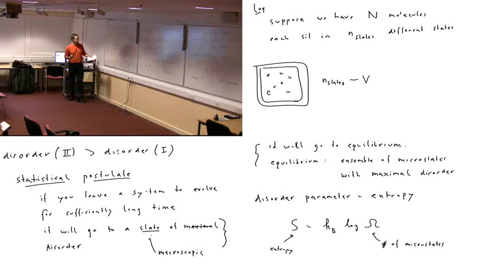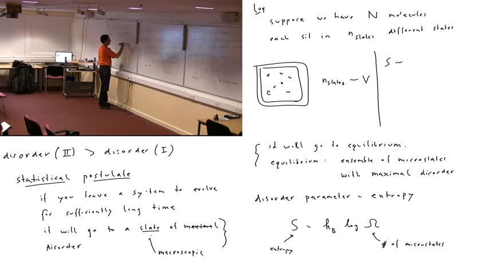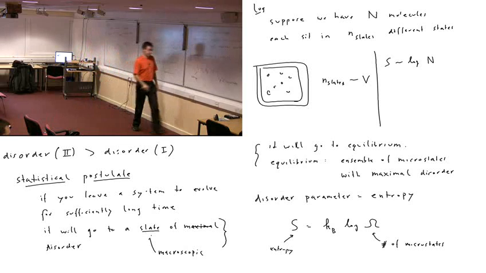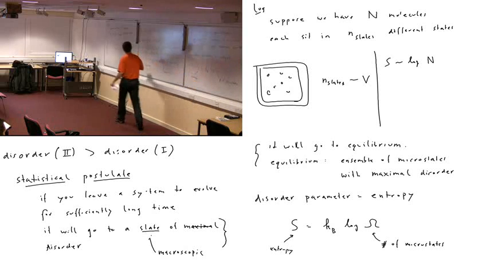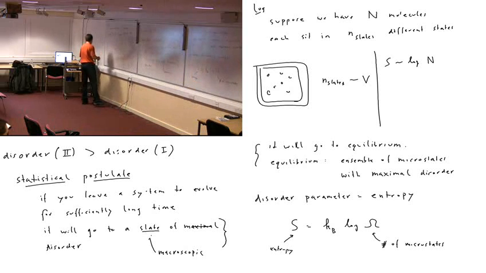Then if you want to compute the entropy of this system, you would get that S goes like the logarithm of small n states to the power capital N. I mean, for every particle in that set of capital N ones, I have to choose which state I'm in.